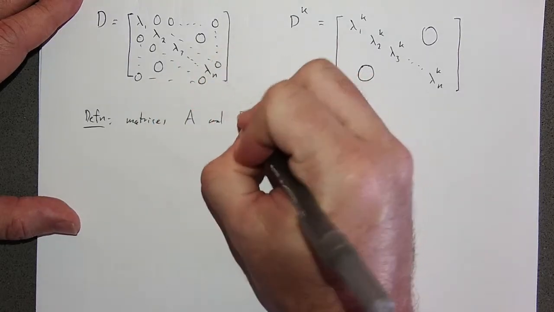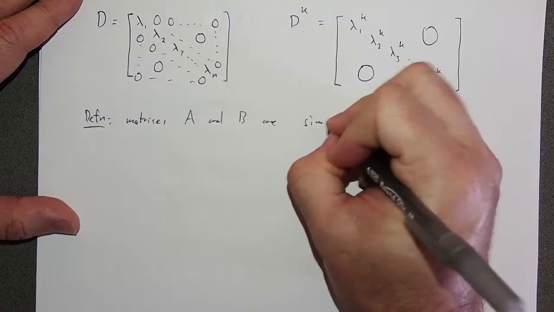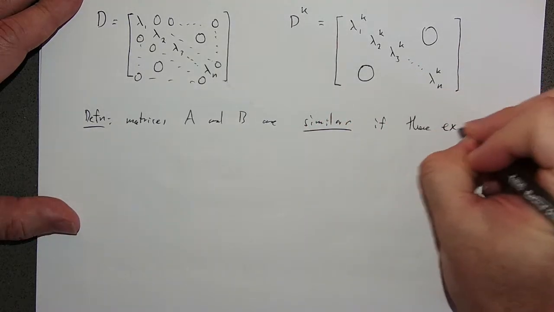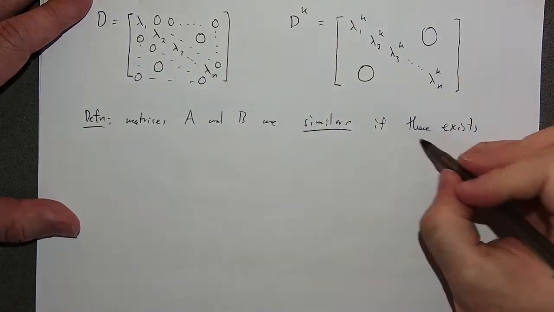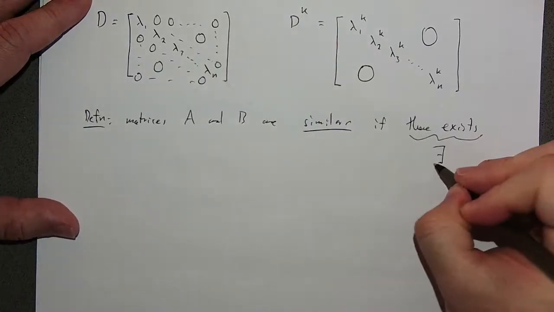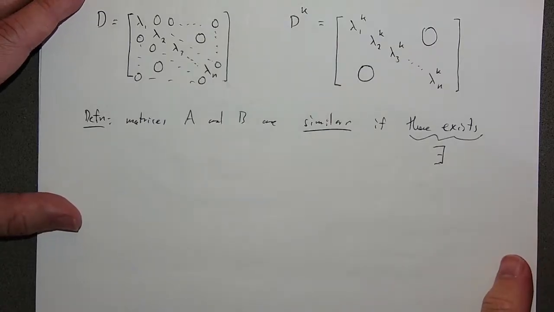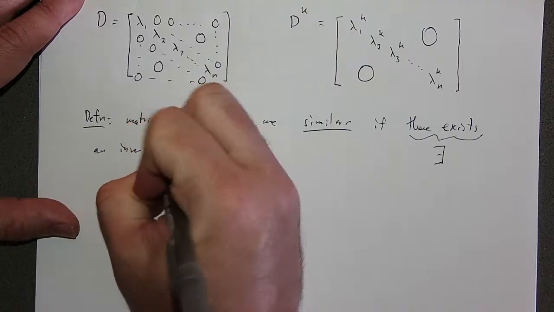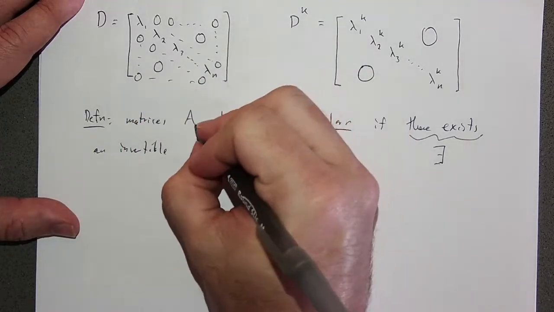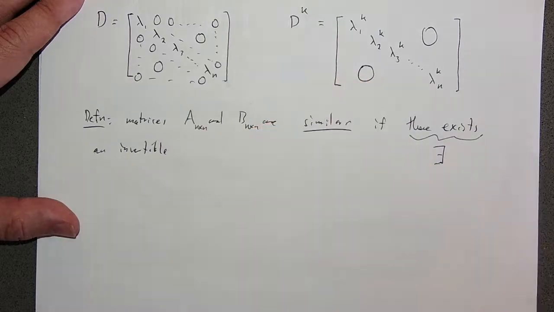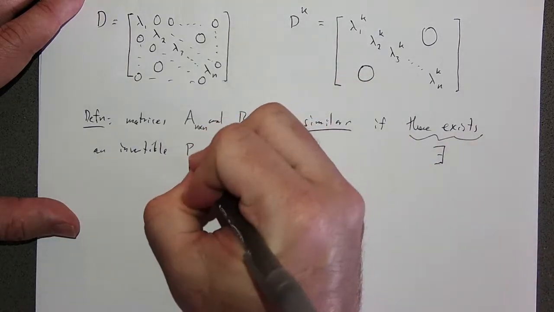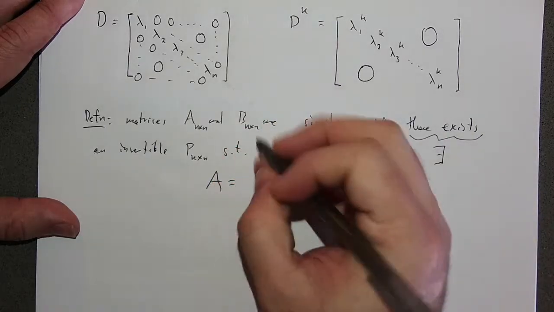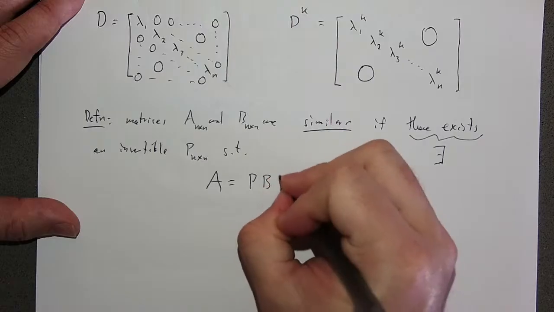Matrices A and B are similar if there exists, and in the future, I'm probably going to shorthand this with this symbol just to make life easier when writing this, if there exists an invertible, we'll say these are n by n matrices, if there exists an invertible matrix, we'll say P, such that A is equal to P B P inverse.